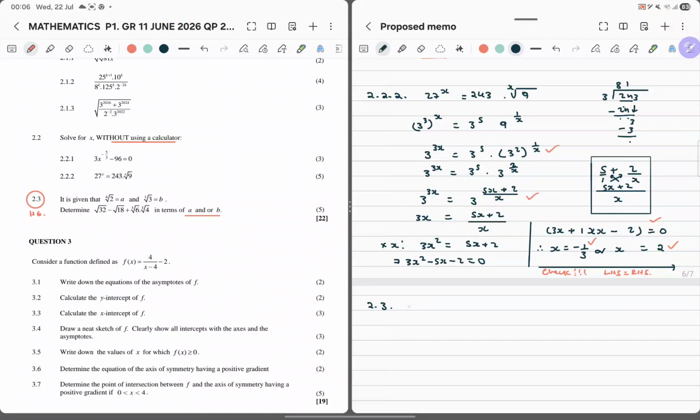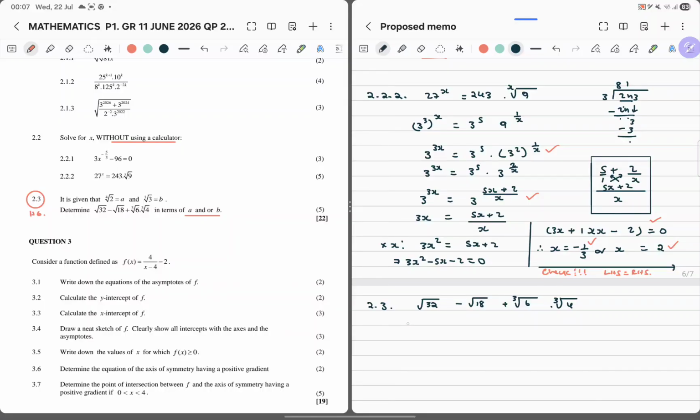So we know that the square root of 32 minus the square root of 18 plus the cube root of 6 times the cube root of 4. All right, so this is an arithmetic expression.